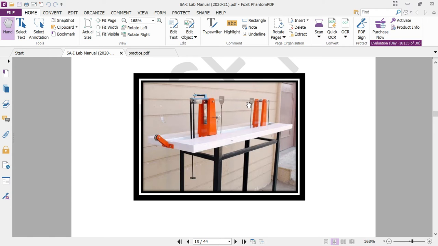Whenever we apply the load at the center, the beam will sag in a downward direction, and because of that the outer edge of the beam will move in upward directions. That is, this part and this part will move in upward directions.